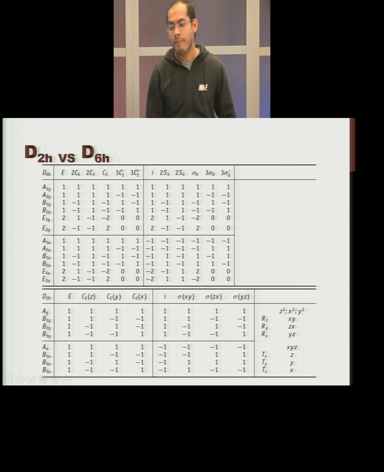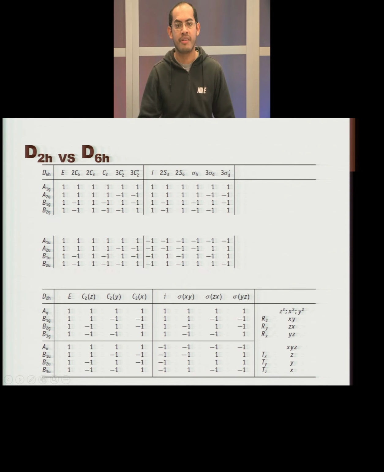Now, let's go back to the D6h character table. As we just saw, we can eliminate the irreducible representations that contain degenerate orbitals, as they split into two independent representations when we lower the symmetry of the system.